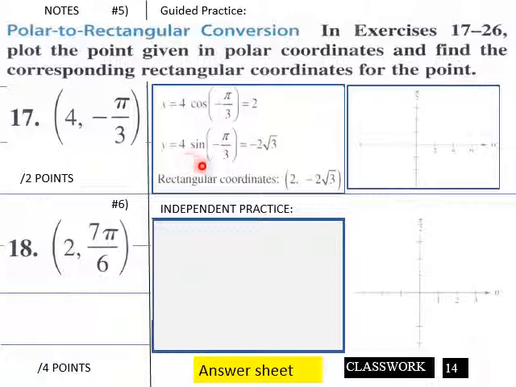And then y = 4 sin(−π/3) = −2√3, and then the rectangular coordinates will be 2. Here's your rectangular coordinates, (2, −2√3), and that will be your position there for that point.